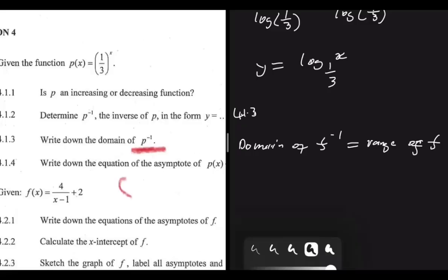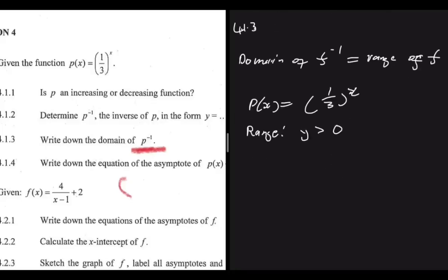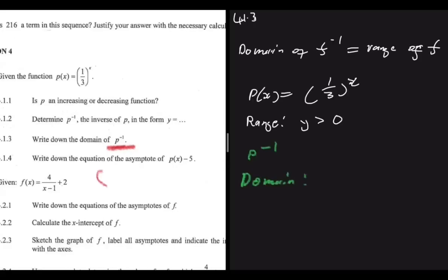And then for our function p of x is equal to 1 divided by 3 to the x, you can see that the range is going to be y is greater than 0. We are saying that the domain of p inverse will be x is greater than 0, right?